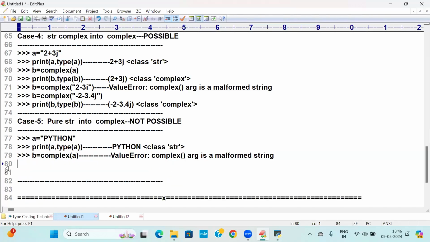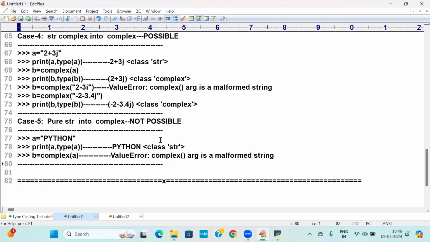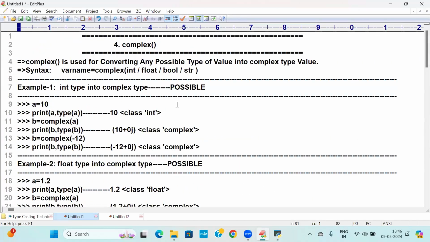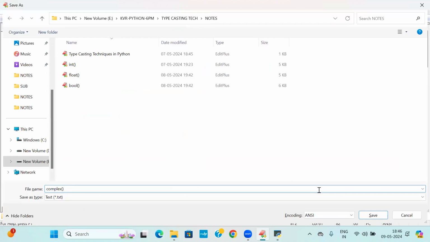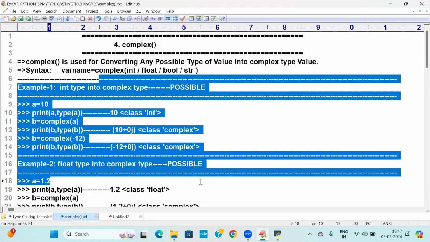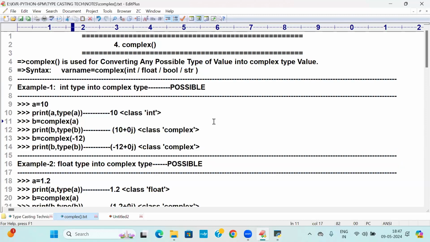Are you able to follow, students? This is about complex type, not possible. So save this, because the concept and practical example you are learning matter a lot here. Always you need to think about the coding. Coding matters a lot for you.